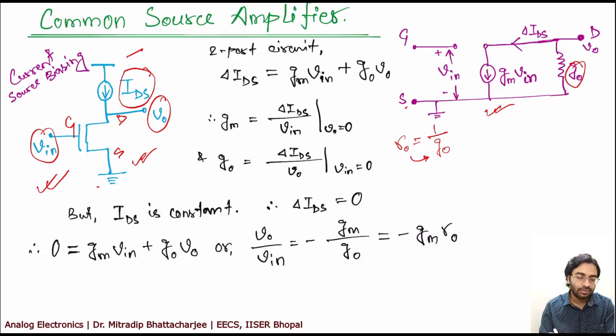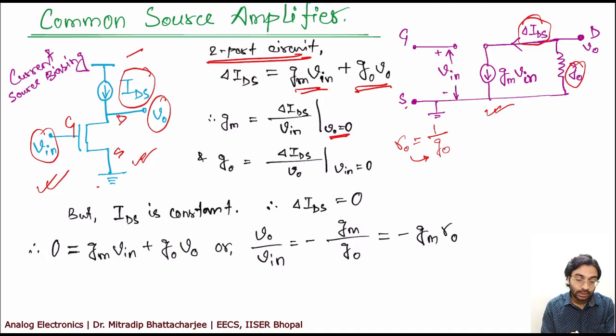Okay. Now if you use normal network theory, from the 2-port circuit you will get delta IDS that is flowing through this circuit will be equal to gm V in, this current, plus g0 V0, this current, right? Now if you want to calculate gm, you put V0 equal to 0 and you will get gm is equal to delta IDS by V in, when V0 equal to 0.